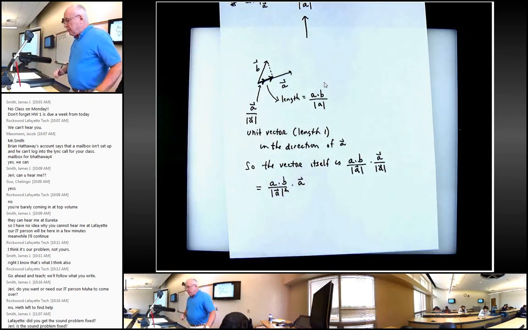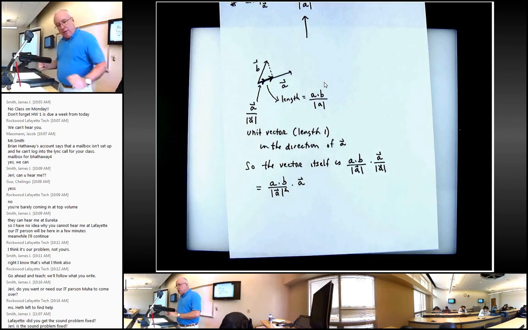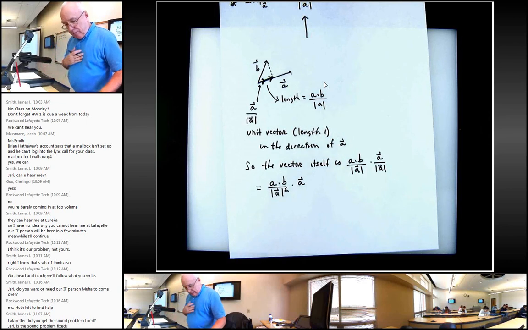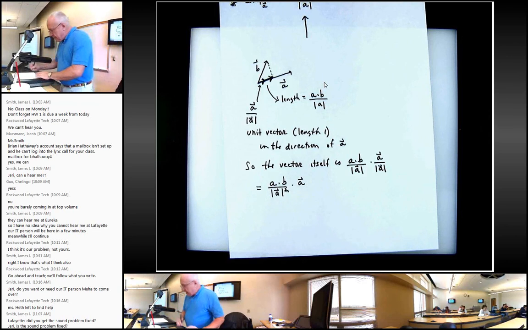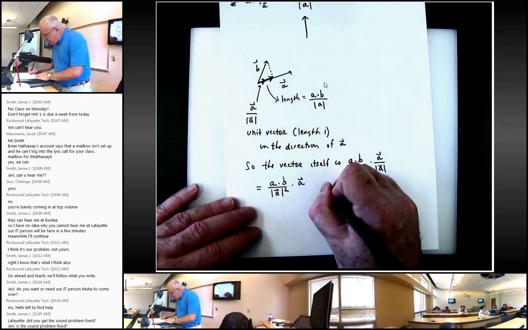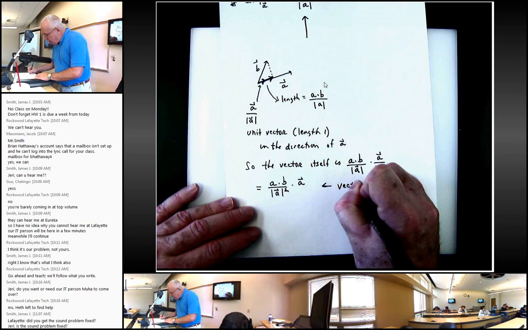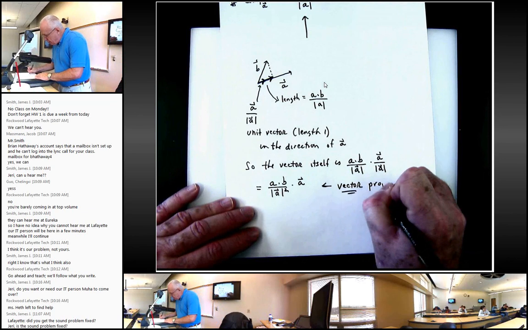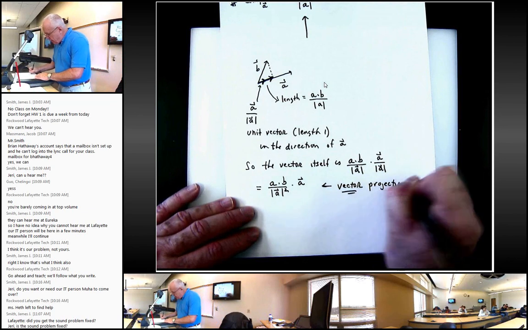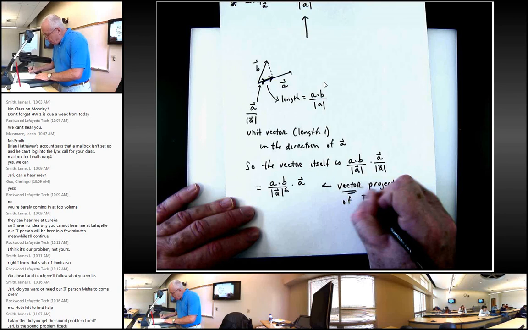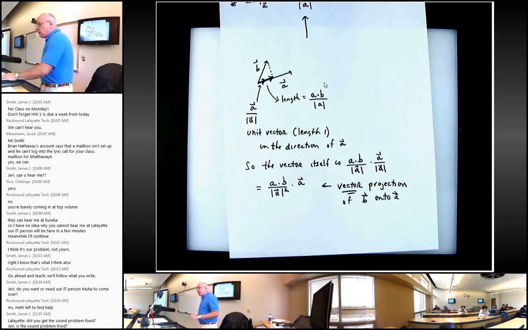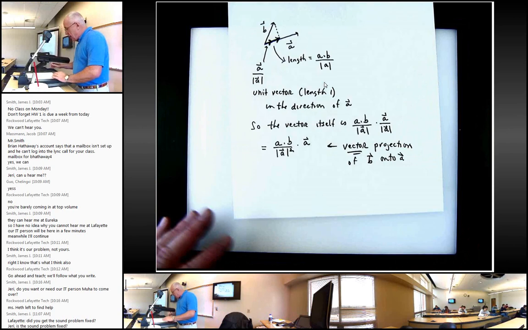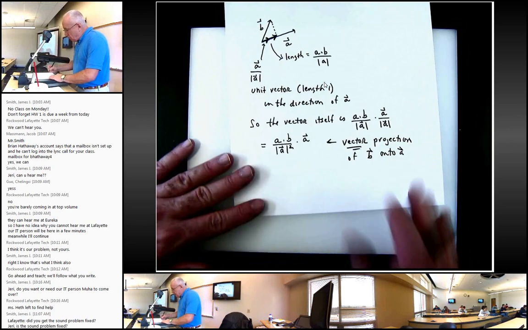And this is the formula for the actual shadow vector itself. This is the vector projection, because it's a vector, of B onto A. It has a shorthand also, just like the scalar one.